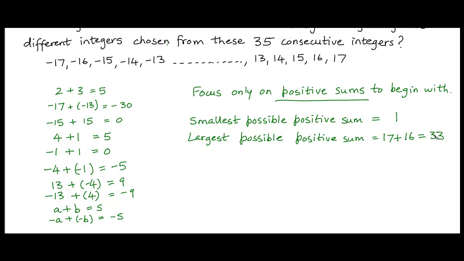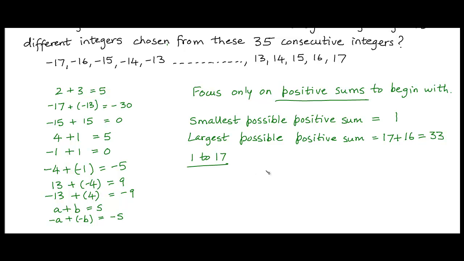So the question is, can we generate all the numbers between 1 and 33 as sums, or can we generate only some of them? We need to find out how many of these 33 sums are theoretically possible to generate using the given numbers. Well, let's look at the numbers 1 to 17 first. We can generate any number from 1 to 17 as a positive sum.